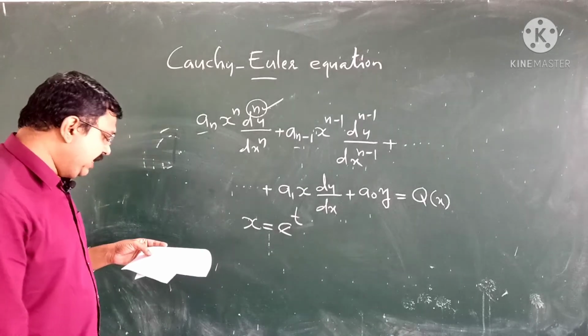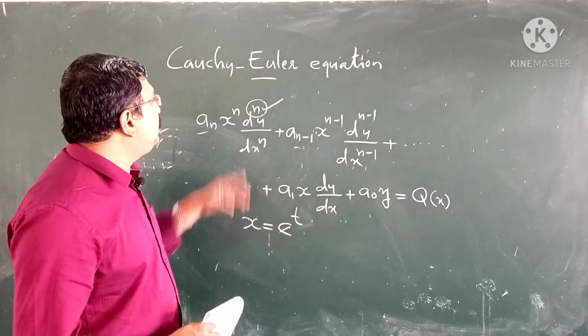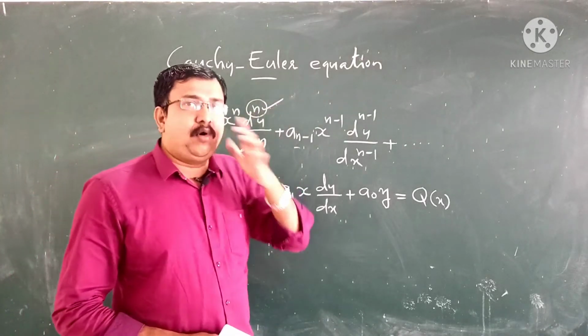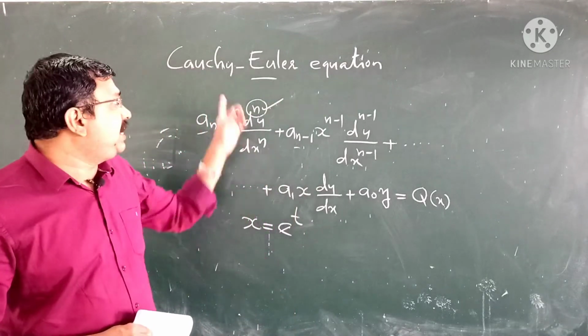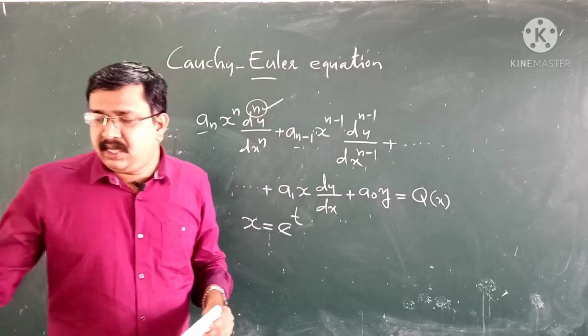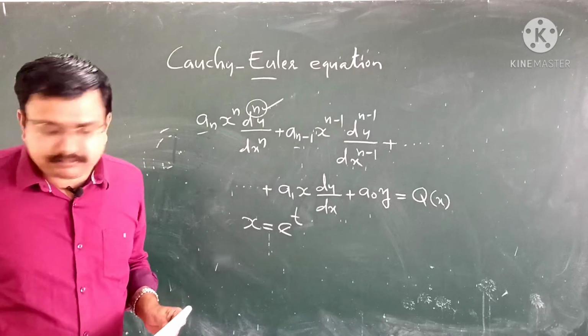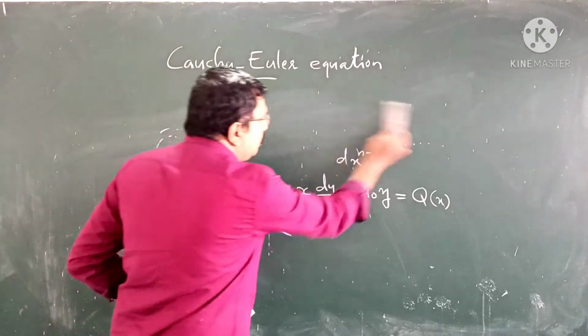Then we can solve this Cauchy-Euler equation of order 2, that means n is replaced by 2.